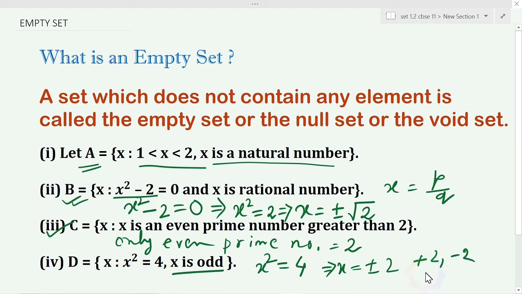Now plus 2 and minus 2 are not odd numbers, these are even numbers. So we cannot get any odd number which satisfies x square minus 4 equals 0. So D is also an empty set.